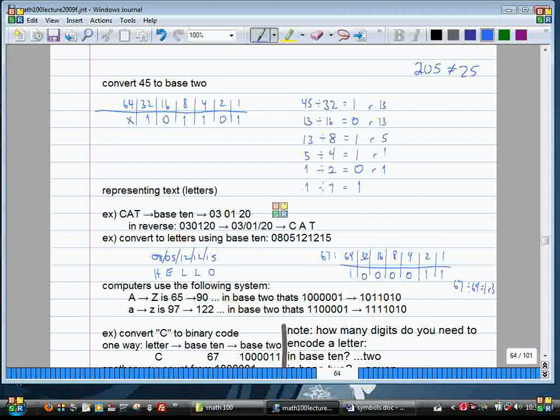So the question is, after 1000001, what's the next number? 1000010. If you just look at the end, the next number after 1 is 10. And then what's the next number after 10? 11.